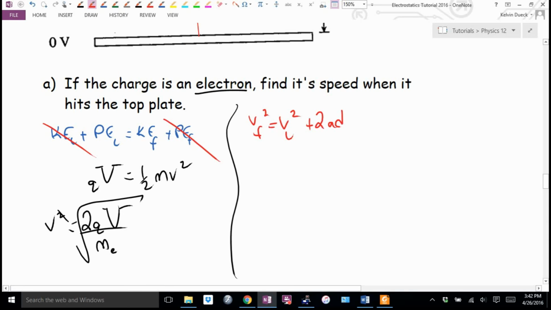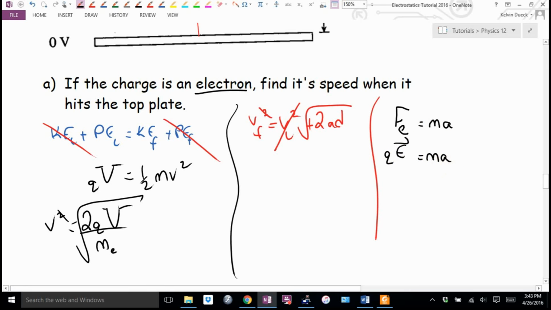Yes? Yes. Starting at rest? Yes? Okay. How could I find the acceleration, Mr. Dewick? Well, electric force equals ma. How can I find the electric force? Q times E equals ma. Yes? How can I find the electric field between plates?